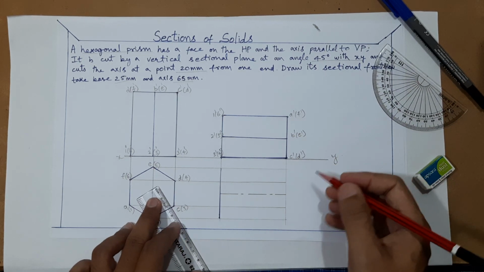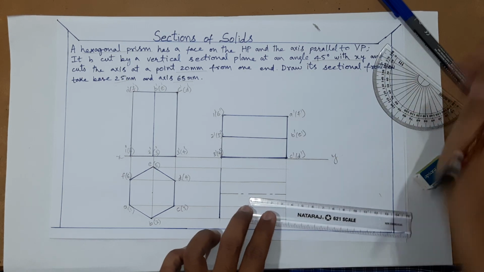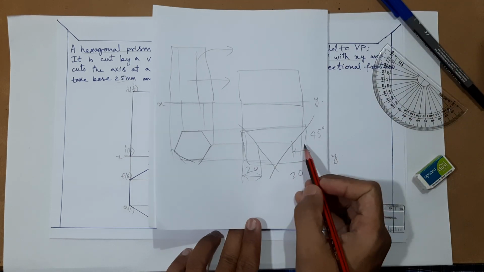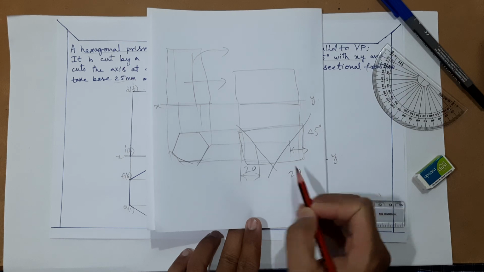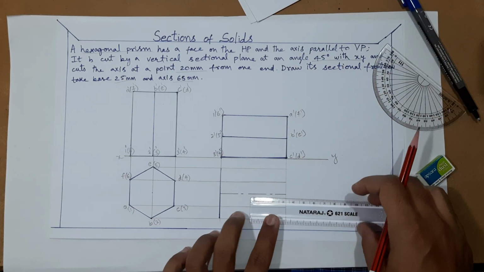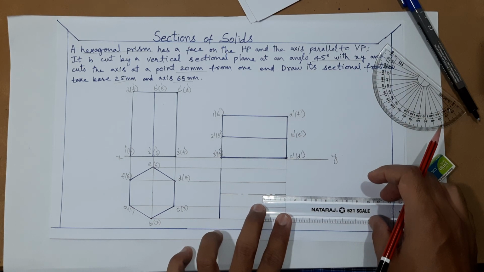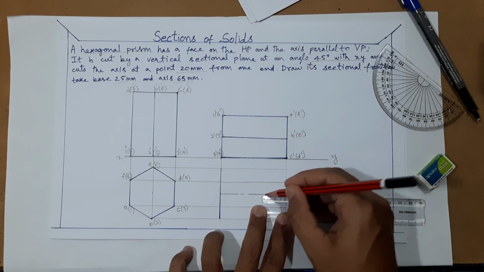Now, from the axis I am taking 20 mm from this end, as I have shown you in the rough work also. Here you can take from the axis 20 mm away, or here also you can take 45 degrees, like this I am taking. So here 20 mm from the axis, this is somewhere here.